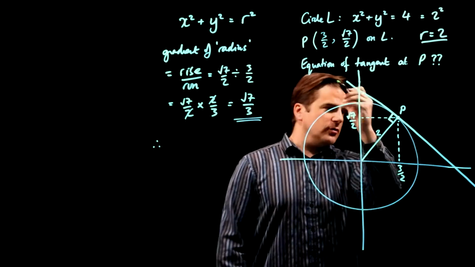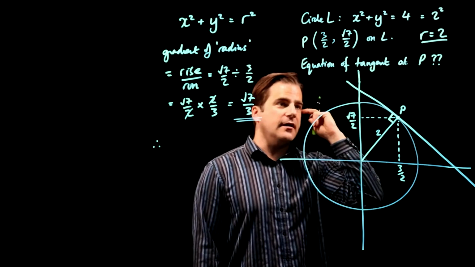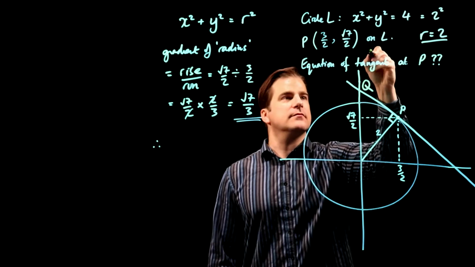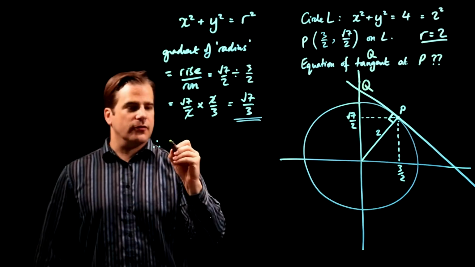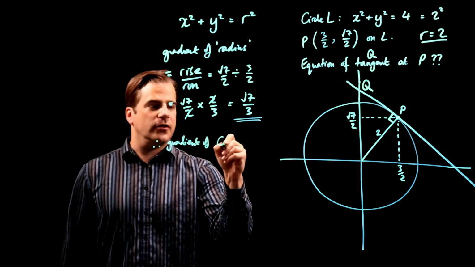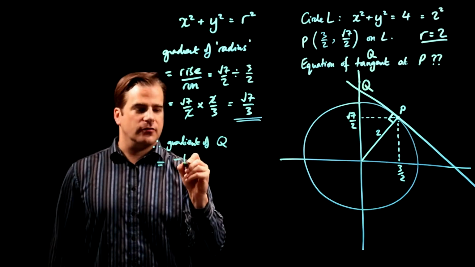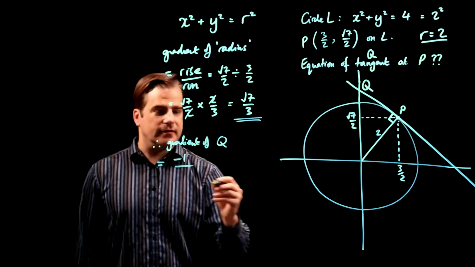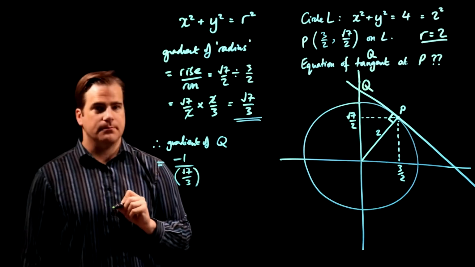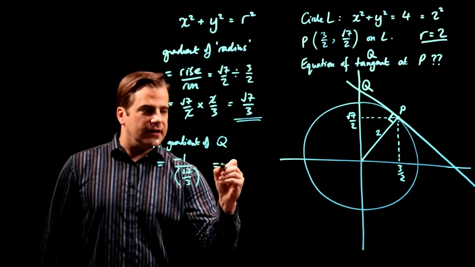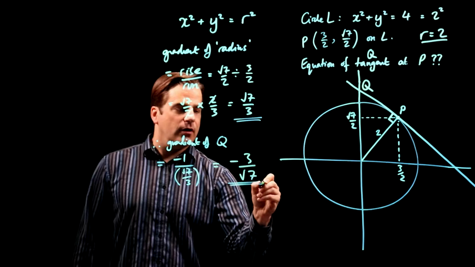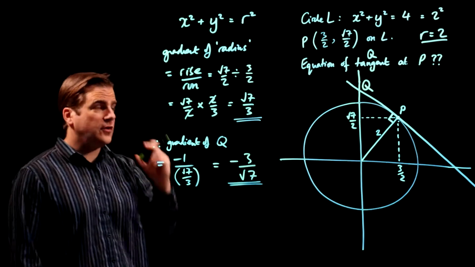Let's call this tangent, just give it a name, the line Q. Therefore the gradient of Q is minus 1 over the gradient of the radius, minus 1 over root 7 over 3, which is minus 3 over root 7. Okay, good. We've got the gradient of Q, the line we want.